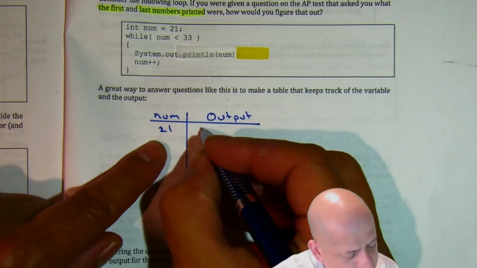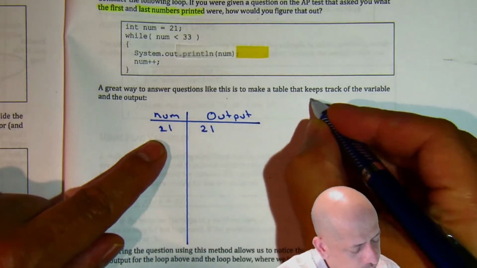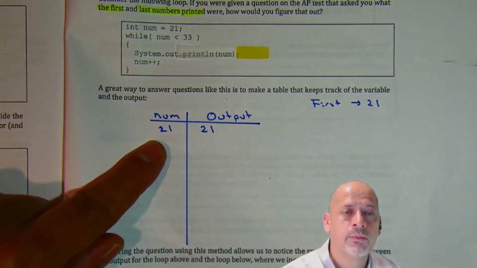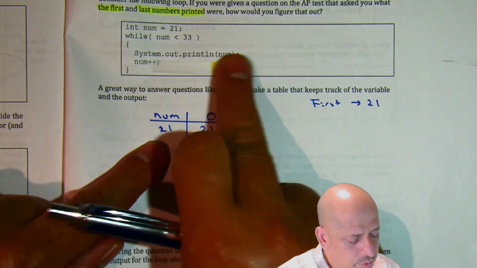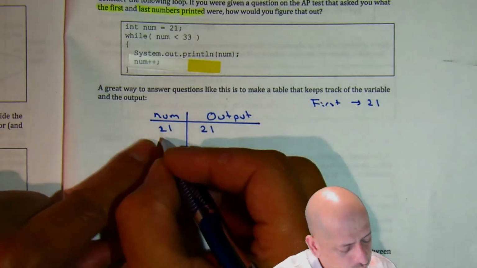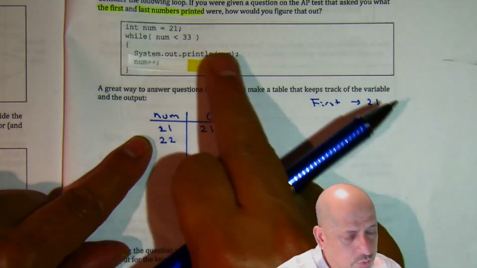So that gets printed, and that'll be 21. So the first number is going to be 21. And now we are going to add 1. So our num is now 22. We're going to continue with the loop.